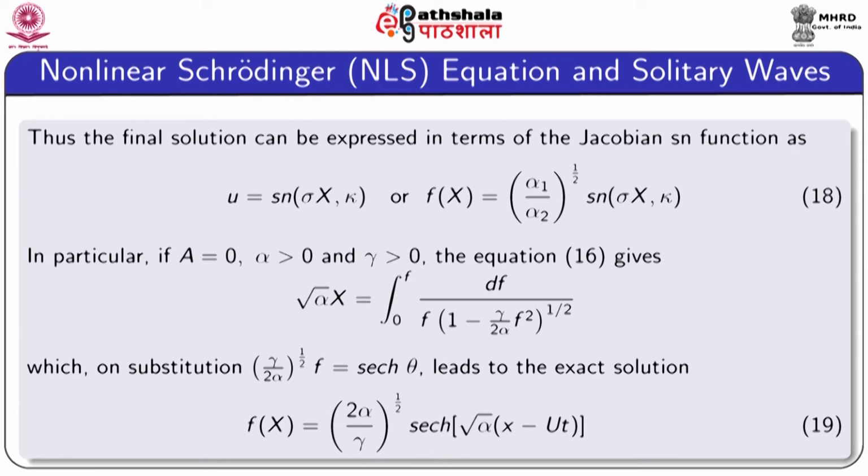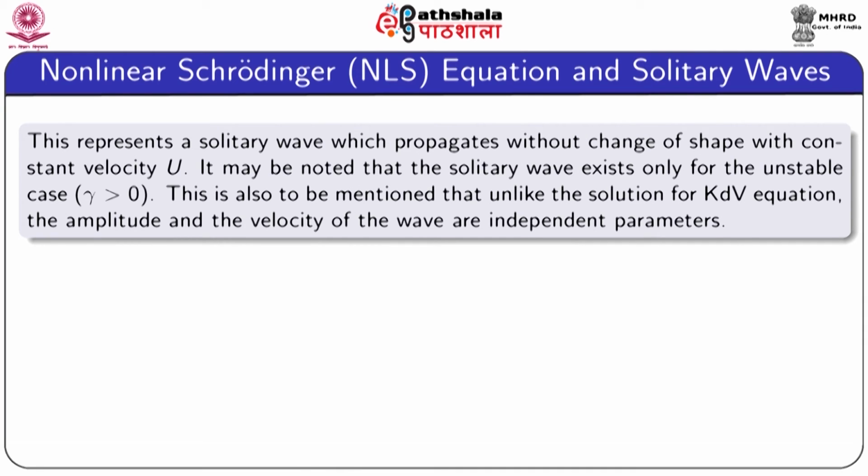Here the velocity is U, which is a constant quantity, and it does not depend on the amplitude of the wave, whereas in the case of the KdV equation, the speed depends on the amplitude of the wave. So, this is the basic difference between the solution of the KdV equation and the nonlinear Schrodinger equation.